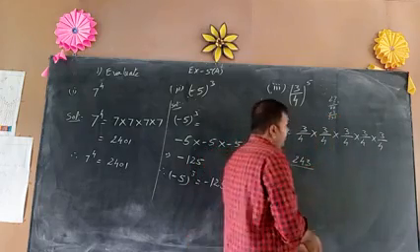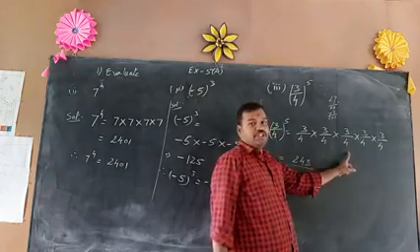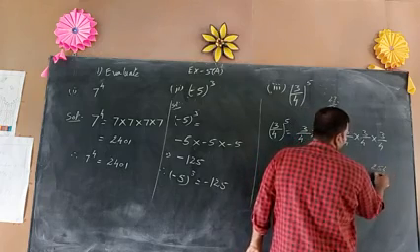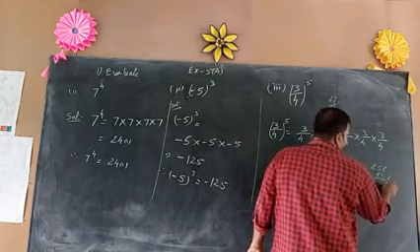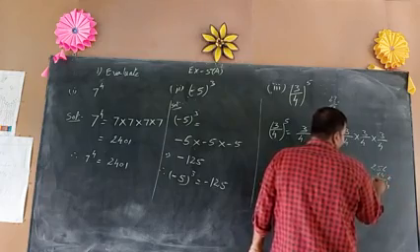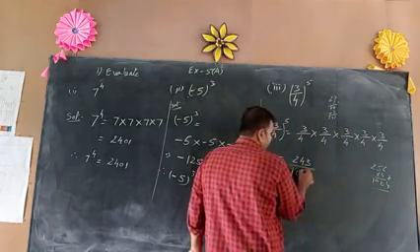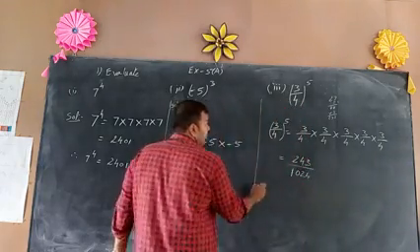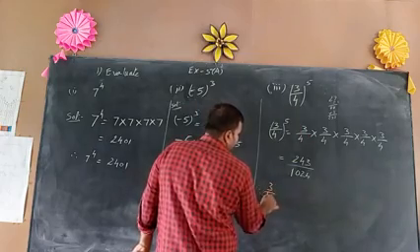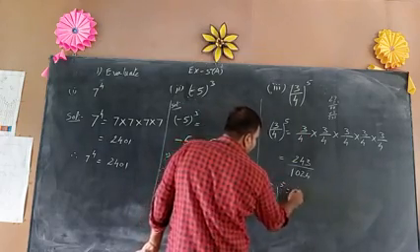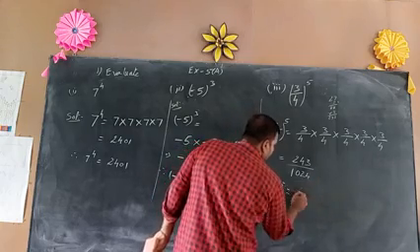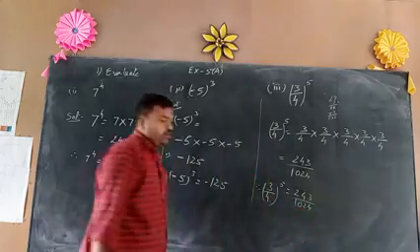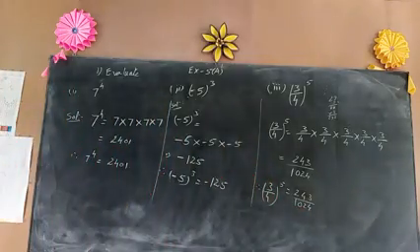Denominator: 4 4s are 16, 16 4s are 64, 64 4s are 256, 256 into 4 is 1024. Therefore, 3 by 4 whole to the power of 5 is equal to 243 by 1024.